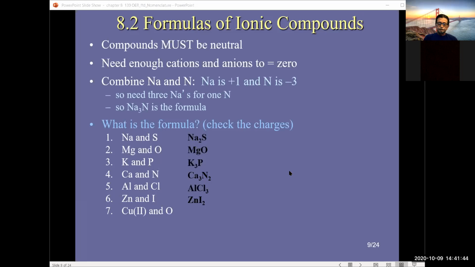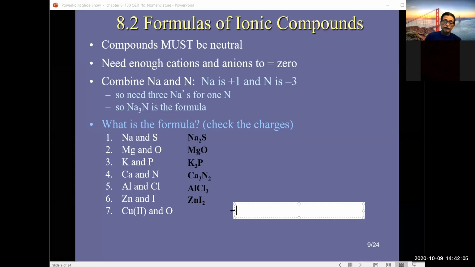Now, here come the Roman numerals. Obviously, copper is not part of the 16, so we had to tell you which ion we are working with. That Roman numeral is telling you that you are working with Cu +2.